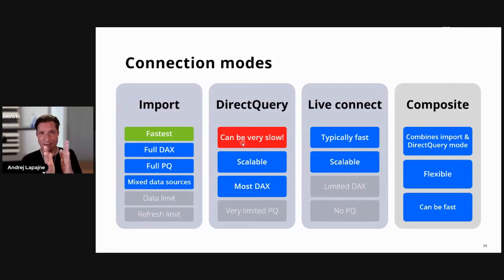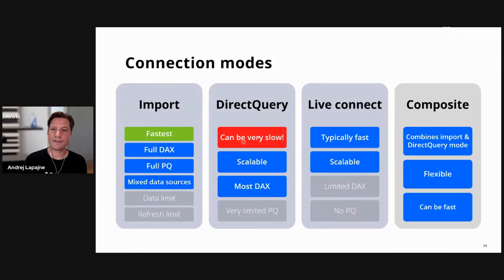Which means that the responsibility, and of course the performance optimization, needs to be done on this data source, which means that you need to have your indexes and so on. So you need a professional database administrator or somebody like that who will actually make sure that all of those queries run fast. And you need to do this optimization if you're using the direct query method. Otherwise, it is very likely that your reports will be slow just because you're using the direct query method.